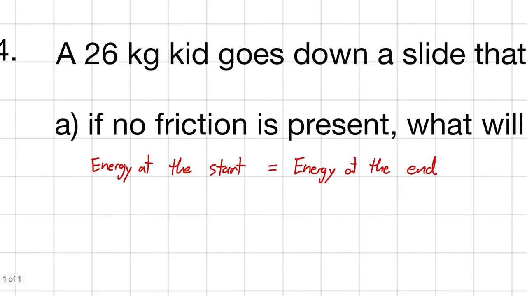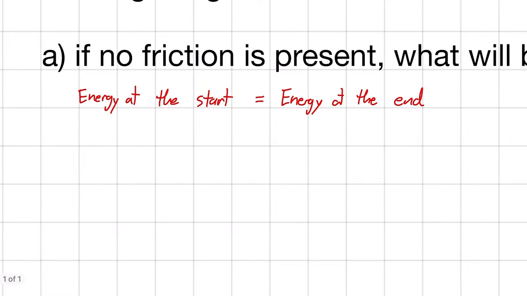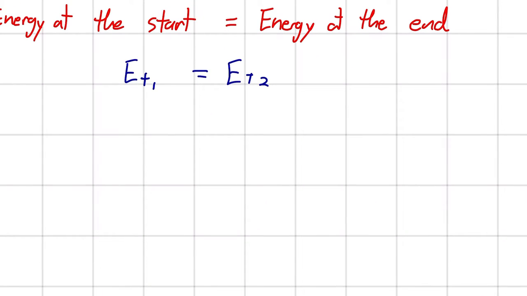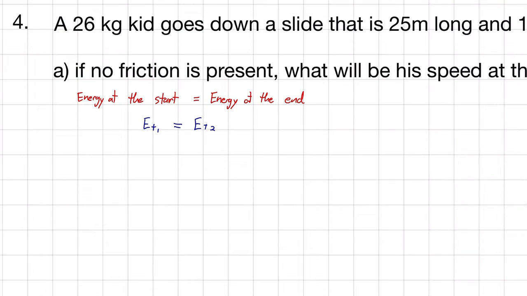So that is the conservation of energy. So let's write that like this. Energy total 1 is equal to energy total 2. So the energy at the start is equal to the energy at the end. Now what energy do we have at the beginning? This is our beginning, the 1, and then 2 is at the end when we reach the bottom of the slide.